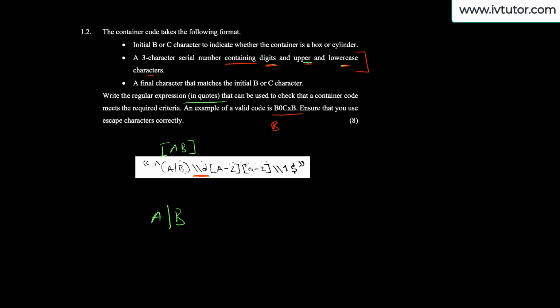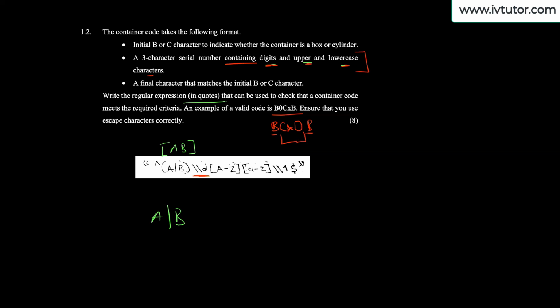It can be B, C, X, 0, right? And the final character must always match the first one. But in terms of this part here, it can be in any order. There's no specific order here that says it has to be a digit, then uppercase, and then lowercase. No, it just contains, which means anything made up of those 3 items is correct.